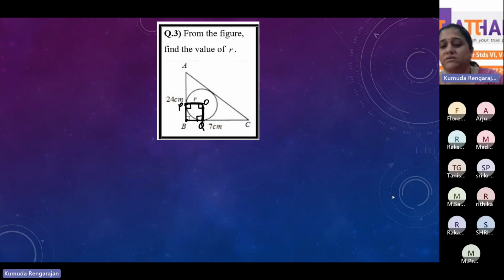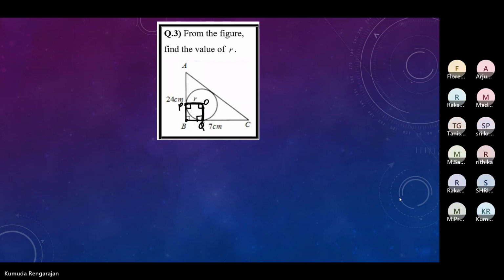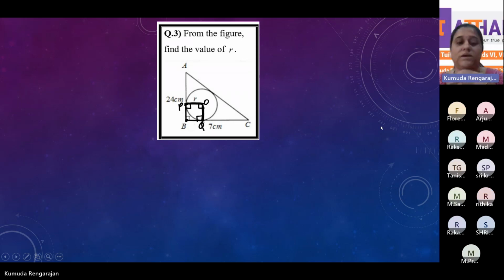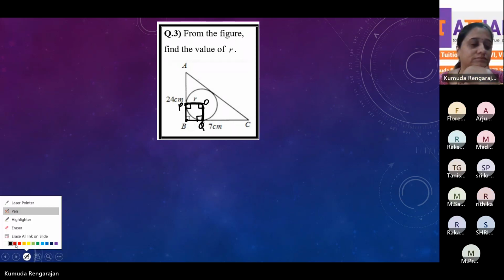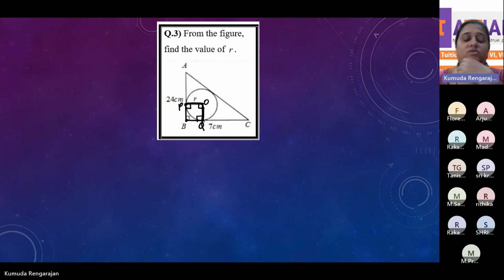Just a minute, children. All right, so now it's a square. OPBQ is a square.